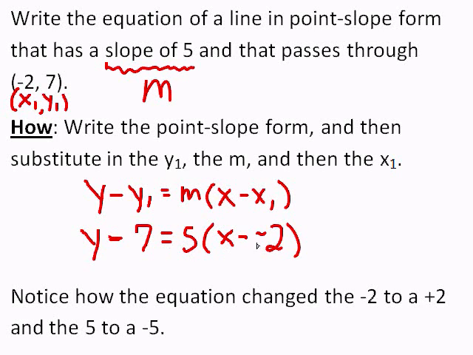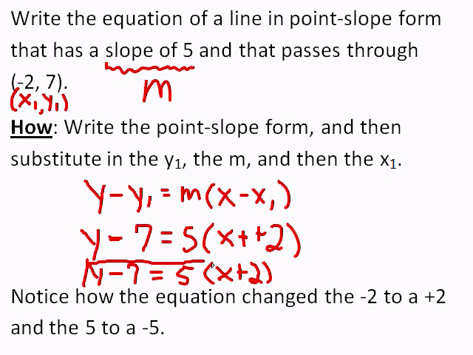We can simplify this a little bit further because that minus a negative can be written as plus a positive, or x plus 2. It's important to note how the equation changed the -2 to a 2.